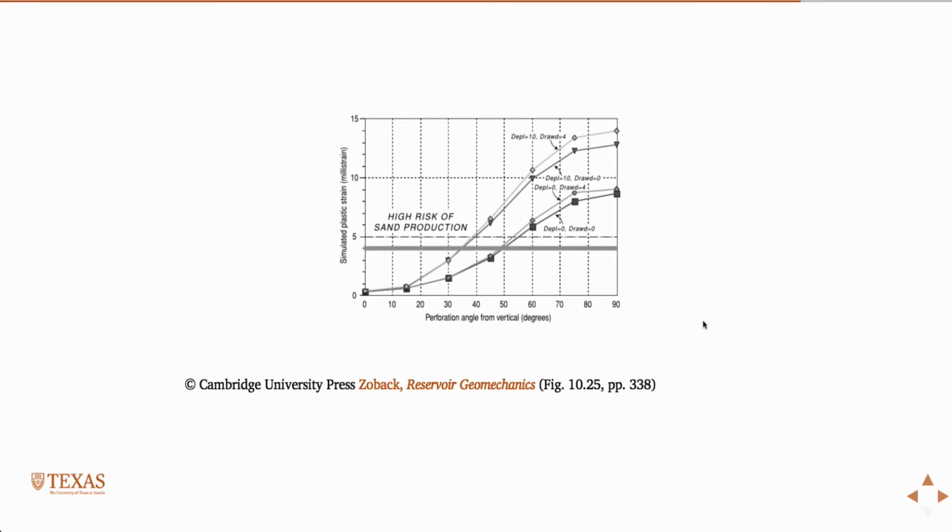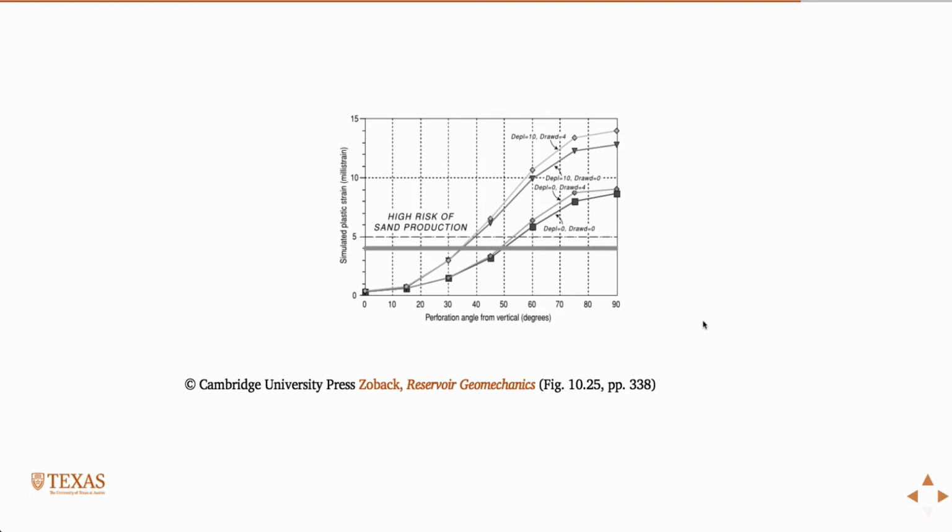So this was something similar, except now instead of just looking at vertical and horizontal, you have on this axis perforation angle from vertical. So as you sweep around in degrees from vertical, again with the 4% simulated plastic strain criterion, and these are the two different drawdown scenarios.